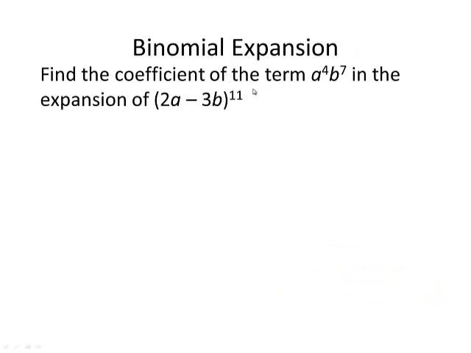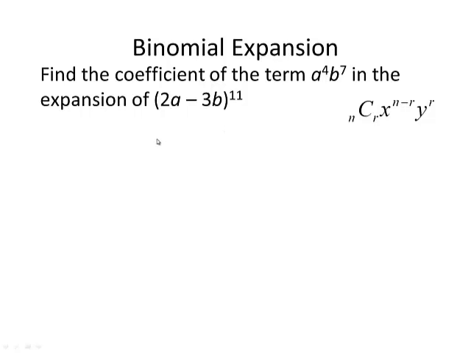So I want this binomial expansion, and I want the number that goes in front of a to the 4th, b to the 7th. Well, how do I do that? I know that r is going to be 7, and I know that n is 11, and 11 minus 7 is going to be 4.